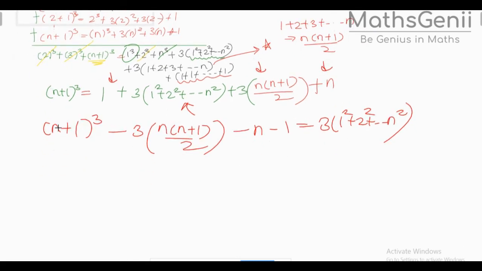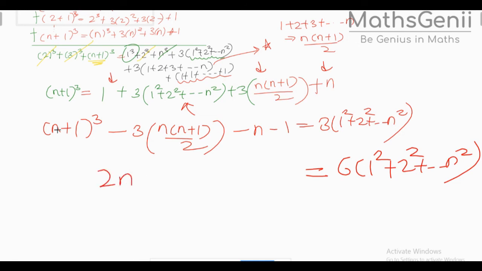Now what am I going to do next? This implies that this 2 is going, I'm just giving this 2 to everyone. This 2 will go to everyone, so this 2 will go here, so 3 2s are 6, so this will become this. Then when you simplify, open all the brackets, it will go very lengthy on the board, so you just have to open these brackets, everything else is done already.